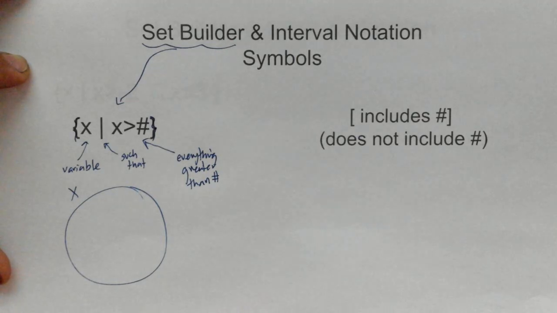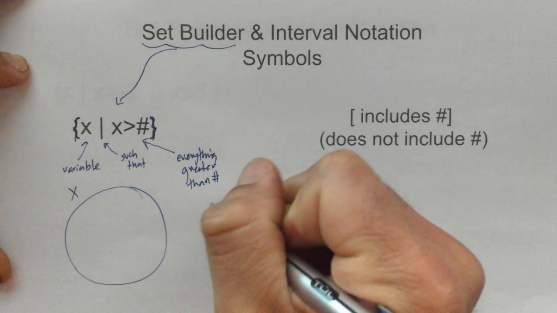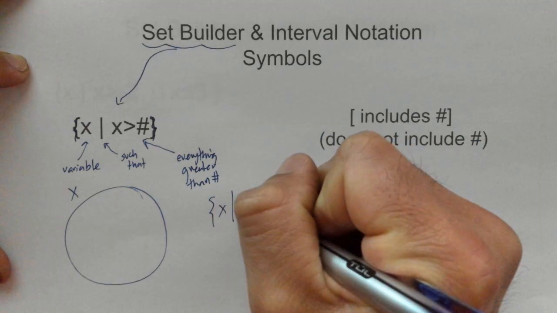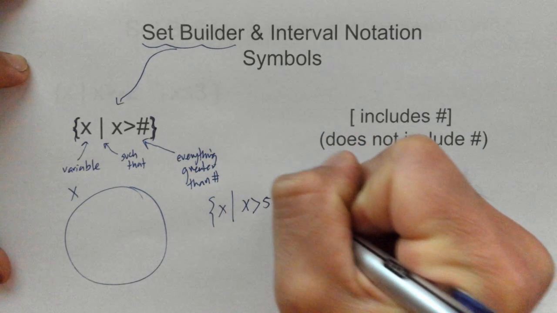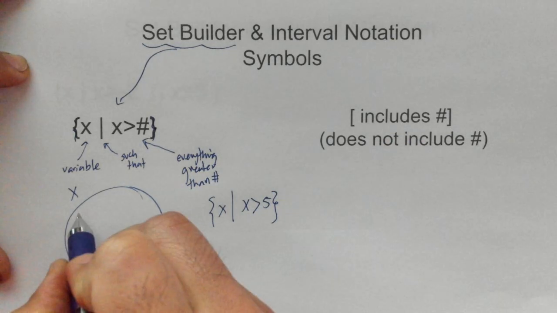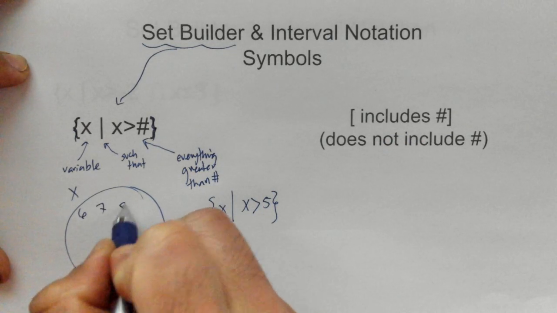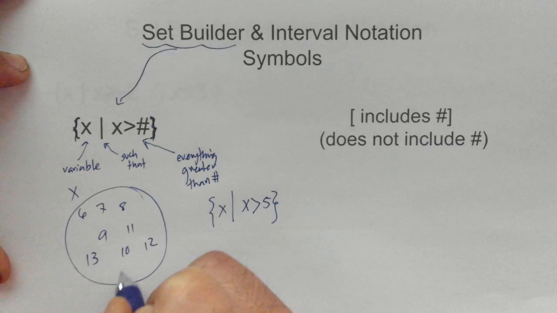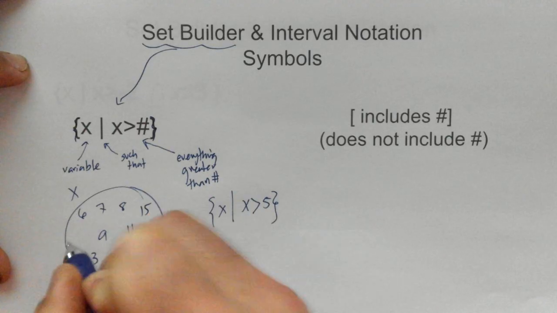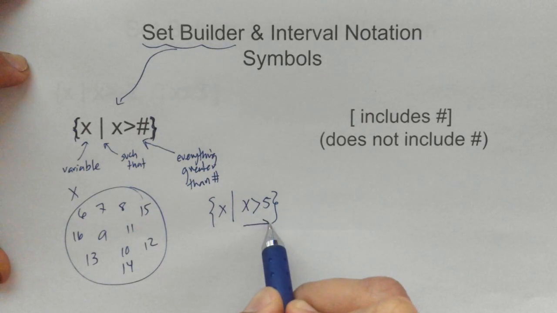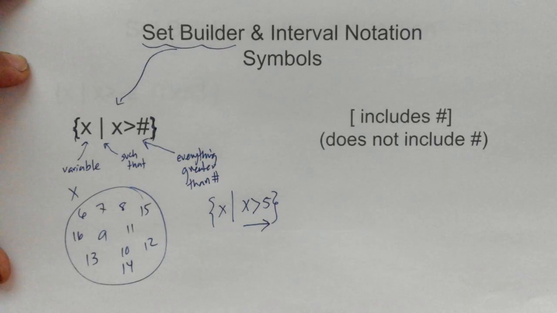So if the value was something like, let's say the set is all the variables of x such that x is greater than 5. This set will contain all values greater than 5. So 6, 7, 8, 9. All of these values will exist in the set. As you can see, since we're dealing with values greater than 5, we can go on till infinity, right?